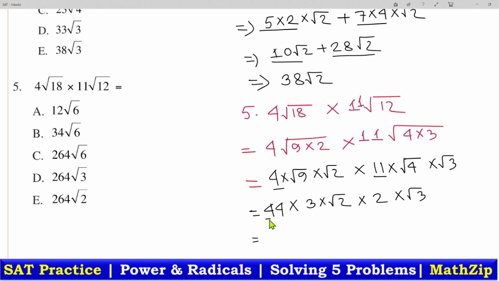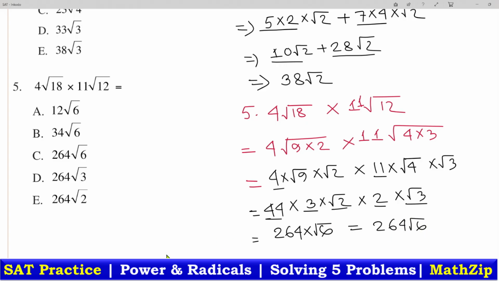Now 44 times 3 times 2 will be 264, times root 2 and root 3, which will be root 6. It means we can write it this way: 264 root 6.